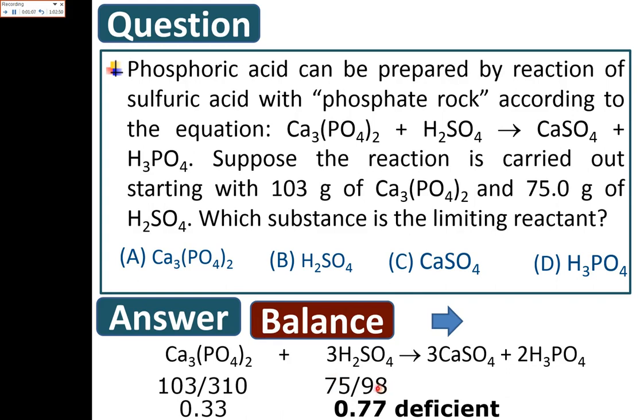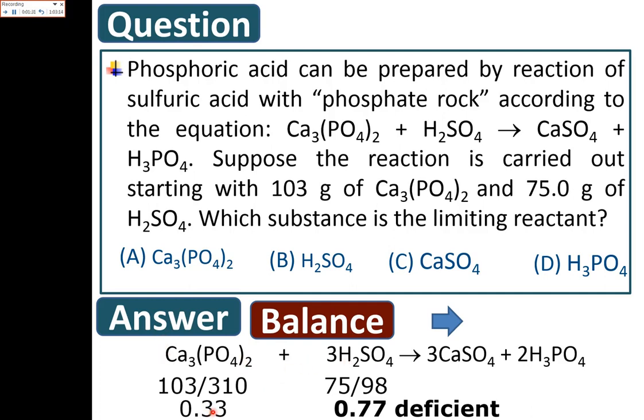of sulfuric acid, which is 98. So we'll have here 0.33 mole of calcium phosphate, and we will have 0.77 moles of sulfuric acid. Look at the stoichiometry of the equation. According to the stoichiometry, for every single 1 mole of calcium phosphate, we need 3 moles of sulfuric acid.